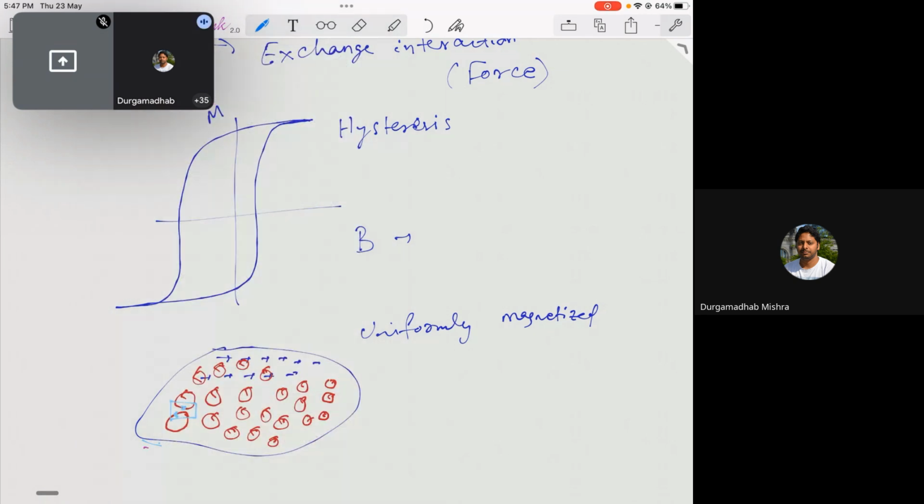It will all cancel out within the block, the magnetized material. So you have a classical situation where the current only goes along the boundary of the material. This is a classical picture of a uniformly magnetized medium.